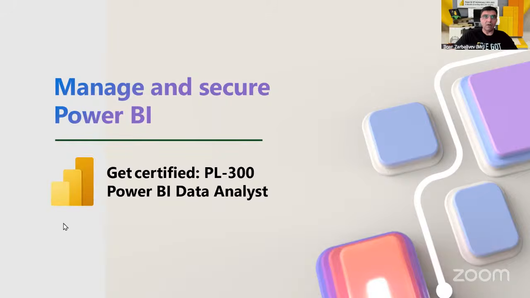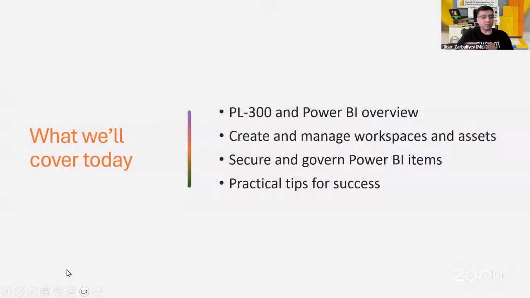So let me open the next slide. So here is today's roadmap. We'll begin with a quick overview of the PL-300 certification, then discuss workspaces, which are the primary collaboration areas in Power BI service.